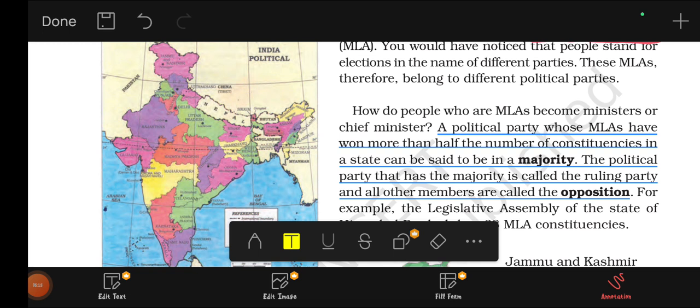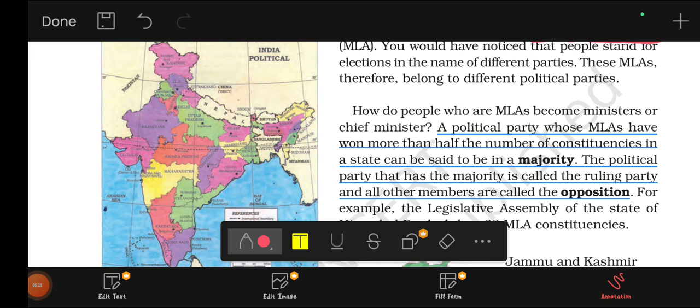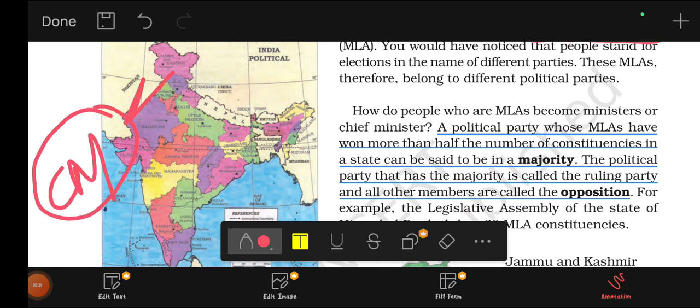And how exactly does an MLA become a minister, and how is the chief minister elected? So first, a political party has to own more than half of the total seats.